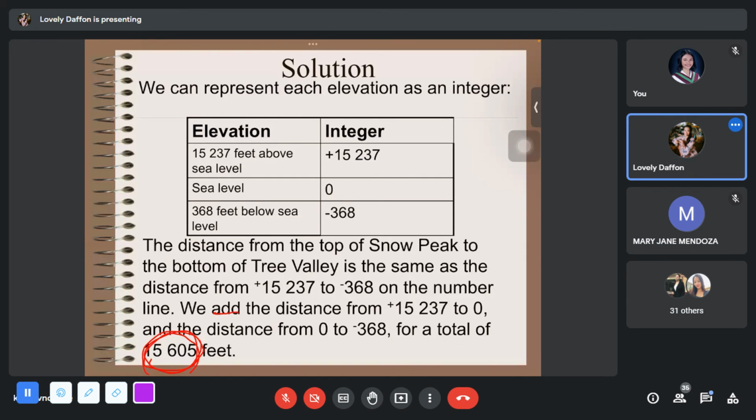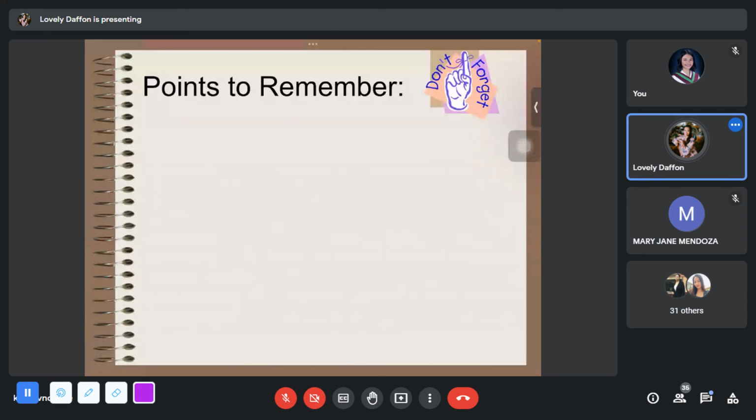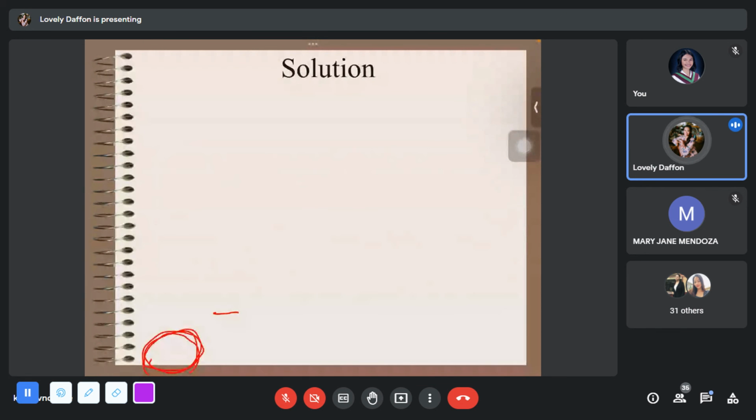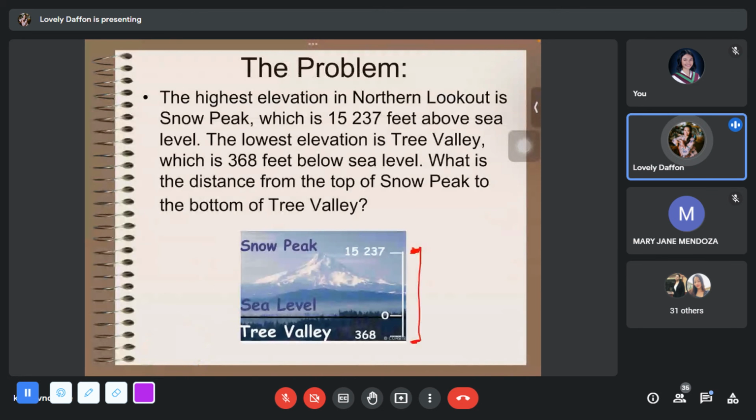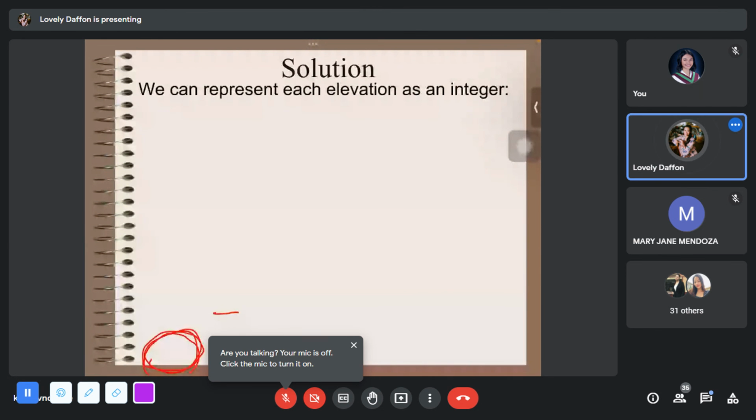However, ma'am, the one below is negative. Actually, no, we are just trying to see what the distance would be. We are not trying to see the negative and the positive of each measurement. If we analyze it, from the snow peak, from sea level going up is 15,237.